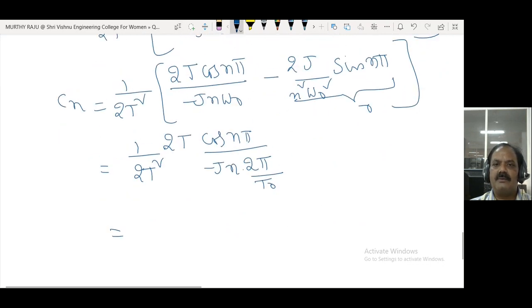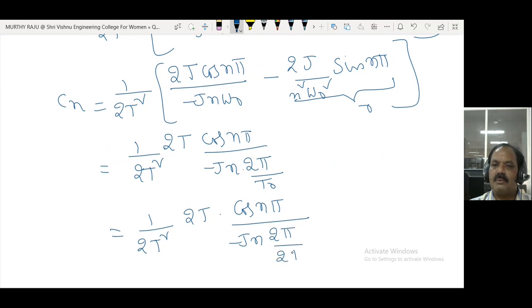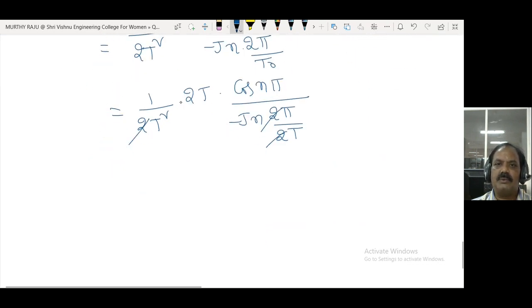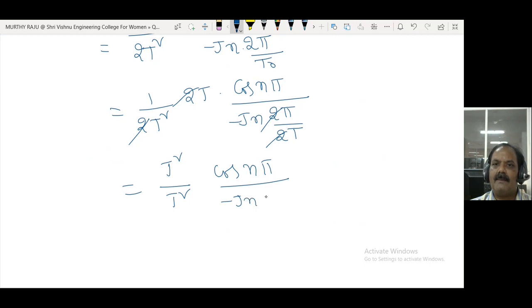That is equal to 1 by 2T square, 2T into cos n pi by minus j n 2 pi by T naught, and T naught is 2T, so 2 cancels. Finally T is T square by T square, cos n pi by minus j n pi.